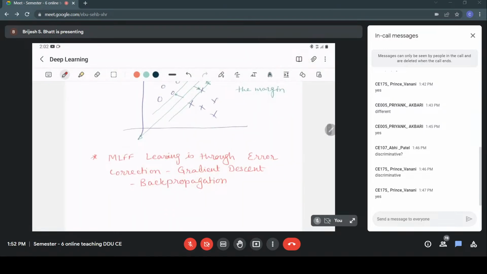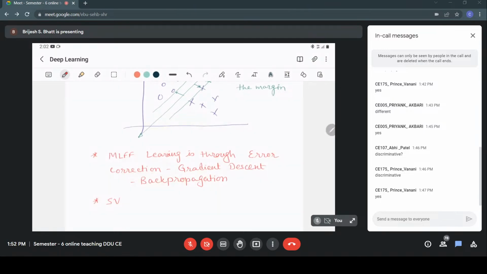In case of SVM, it deals with it as a quadratic optimization problem.